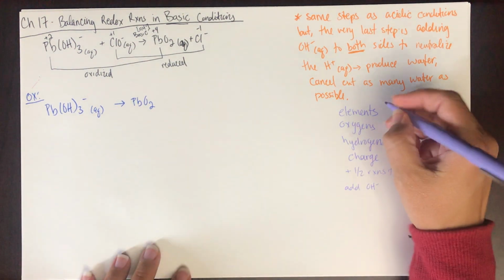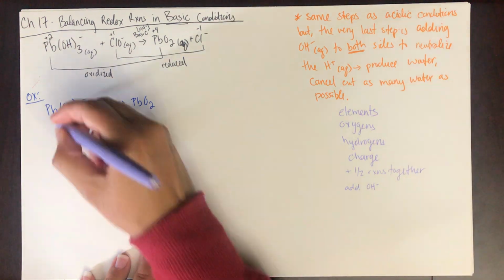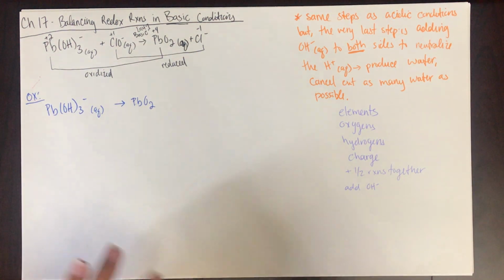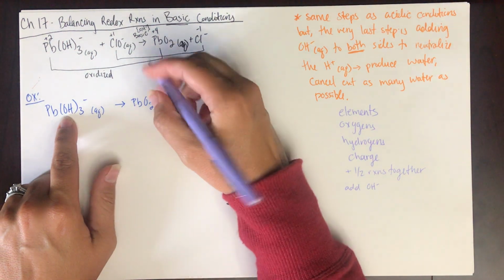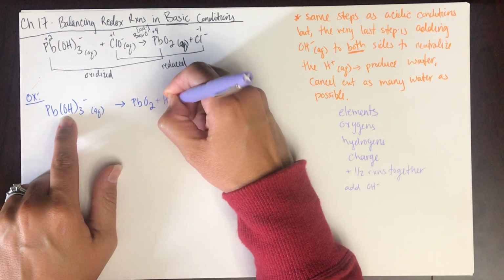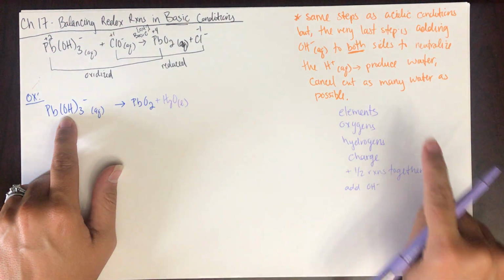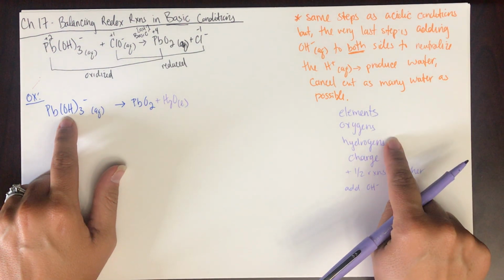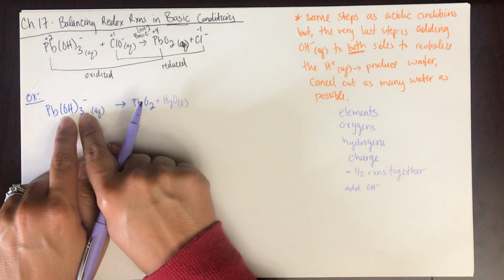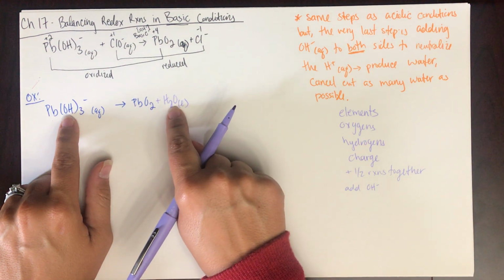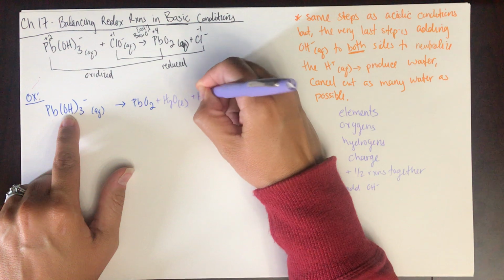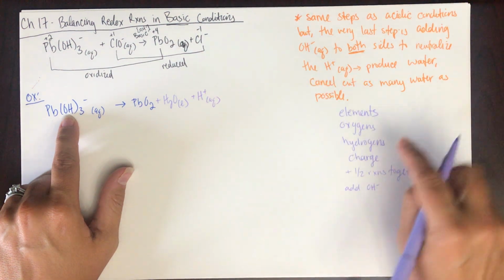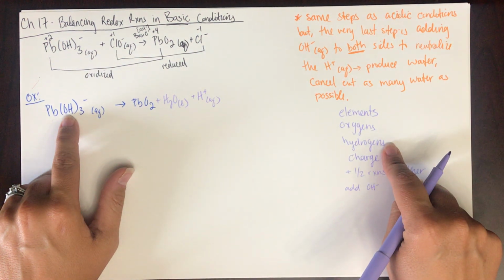Okay, so elements are balanced. Lead, lead. Next, oxygens. This side has 3 oxygens. This side has 2 oxygens, which means this side needs 1 water. Oxygens balanced. Hydrogens. This side has 3 hydrogens. This side has 2 hydrogens, which means this side needs 1 hydrogen ion. Hydrogens balanced. Charge.